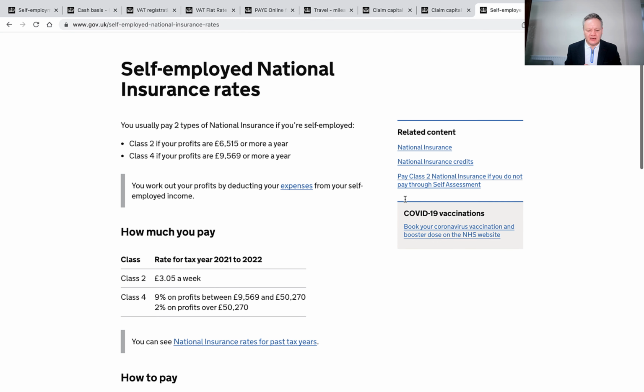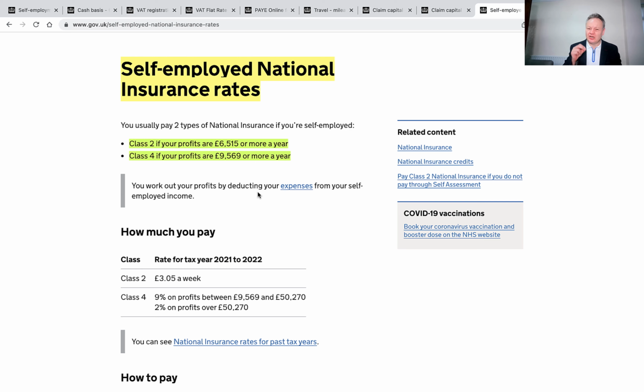But the big thing for you is to think about, well, not only have you got income tax responsibilities, but you've also got this self-employment responsibilities as well. So you've got the Class 2 national insurance, which is over 6,515, and then Class 4 national insurance, sorry, which is over 9,569.